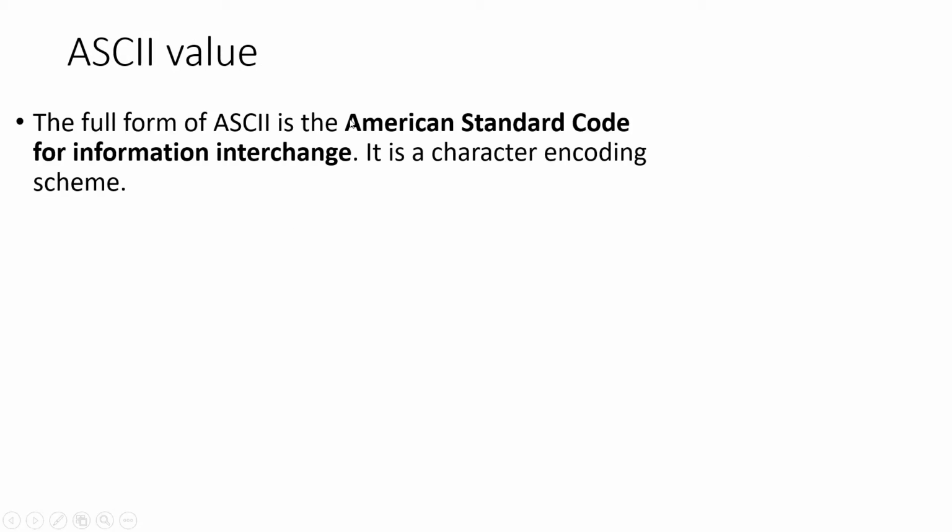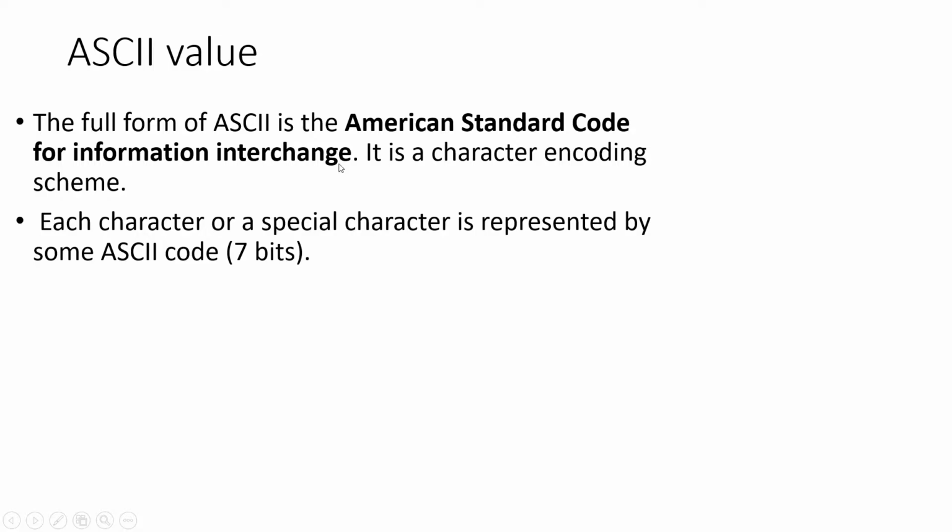Then you need to know what ASCII values. ASCII stands for American Standard Code for Information Interchange. Just like number system, this is character system. It's a character encoding scheme. So here all the character and special character is represented in 7 bits.